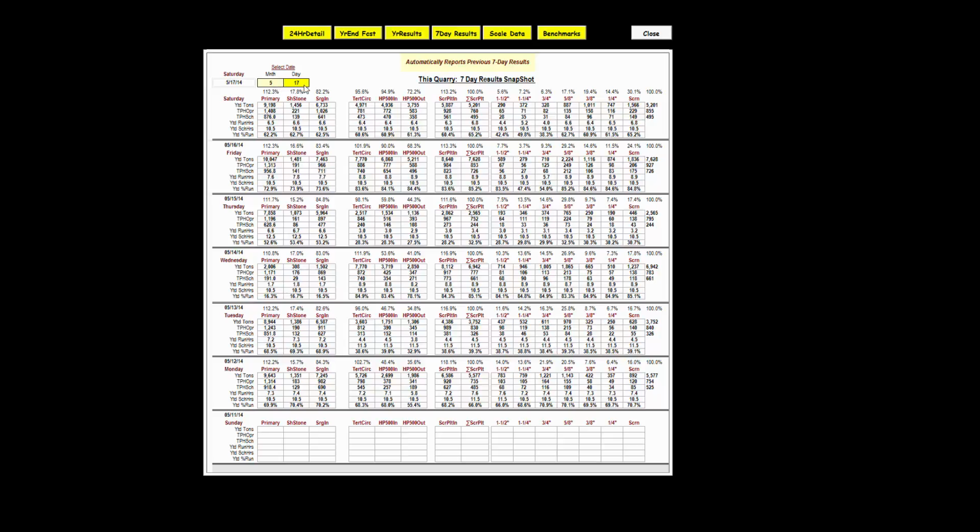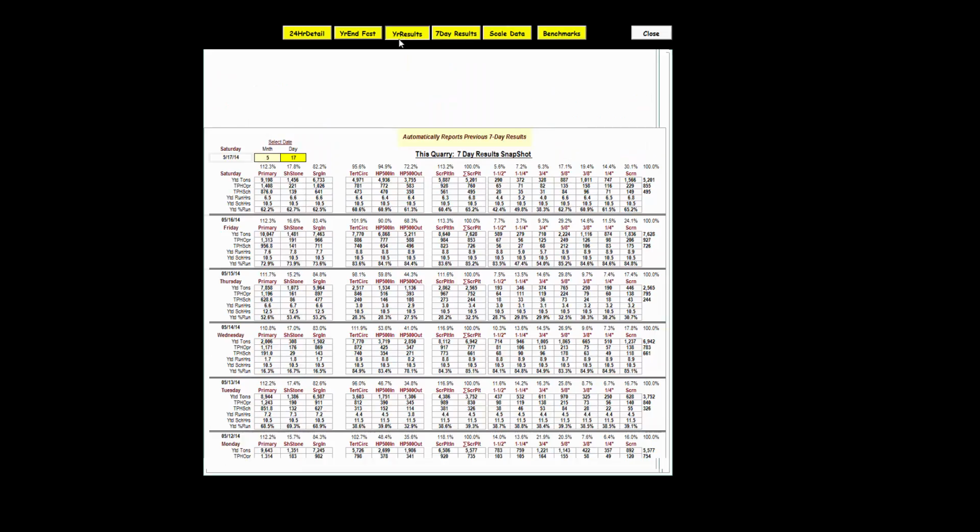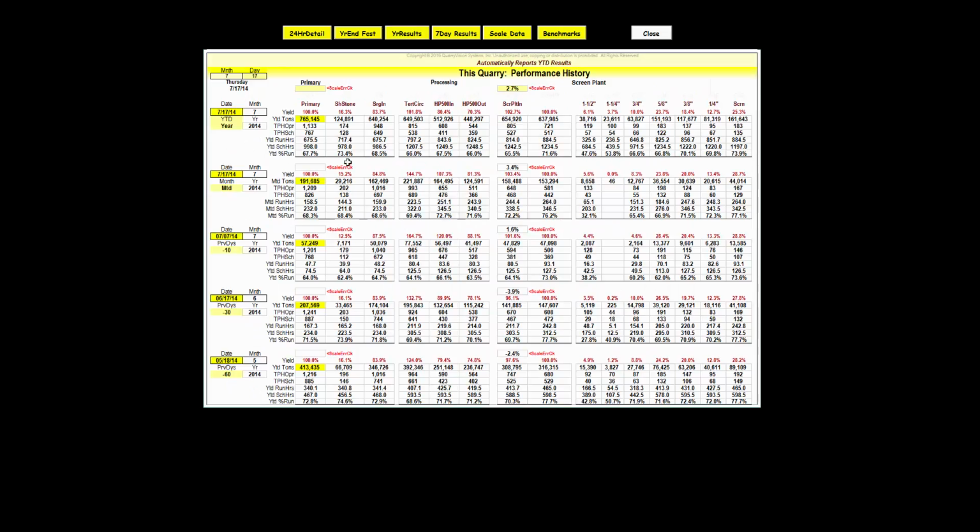This is date selectable. Also, you can go back and look at previous dates. The year-to-date results are summarized in detail for each of the scales. The month-to-date is included, the past 10 days, the past 30 days, and the past 60 days, or whatever. And again, that's date selectable.